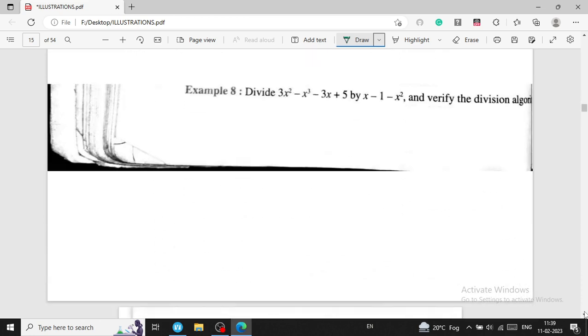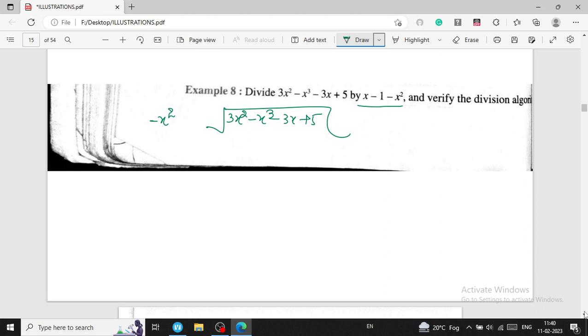Now this is one more example we have to solve. 3x square minus x cube minus 3x plus 5. First of all, write this statement in highest to lowest power form, highest degree to lowest degree.